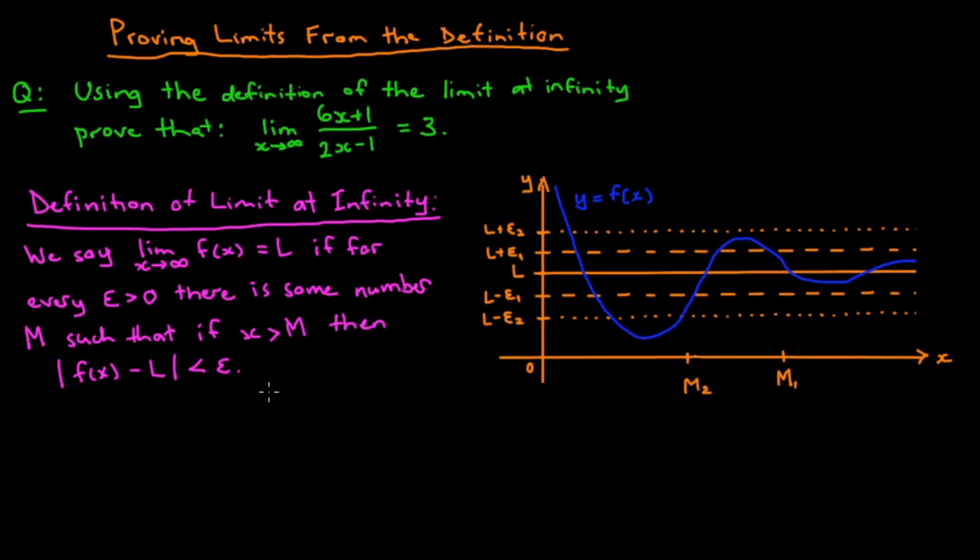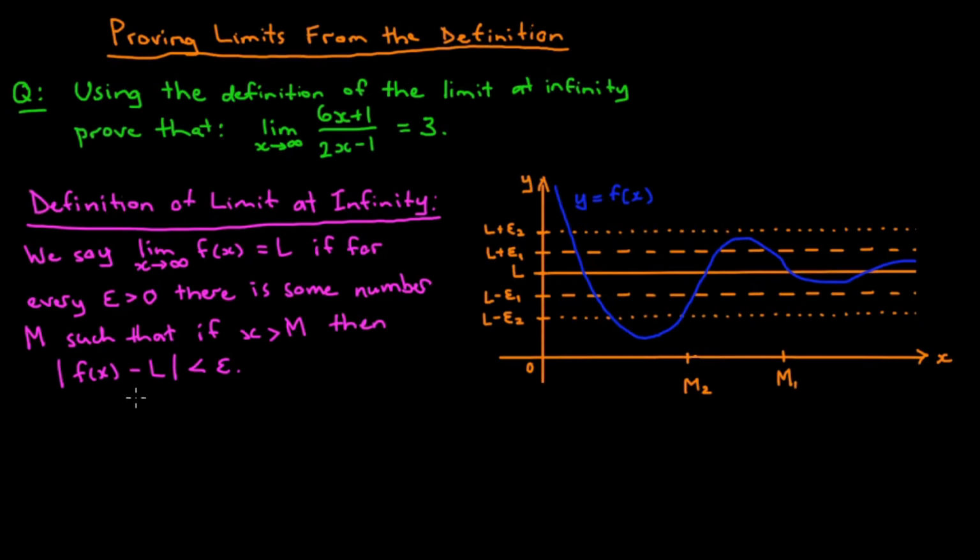And epsilon, where is that on our graph? Well, I've chosen a couple of sample values here, epsilon 1, epsilon 2, and epsilon 1 is the distance between the line L and the dashed line L plus epsilon 1, and it's also the same distance between the line L and the dashed line L minus epsilon 1.